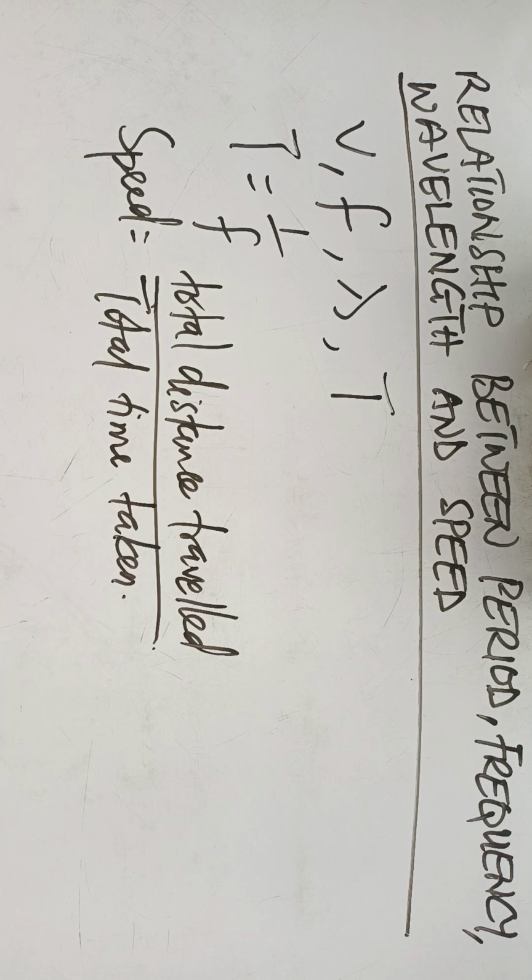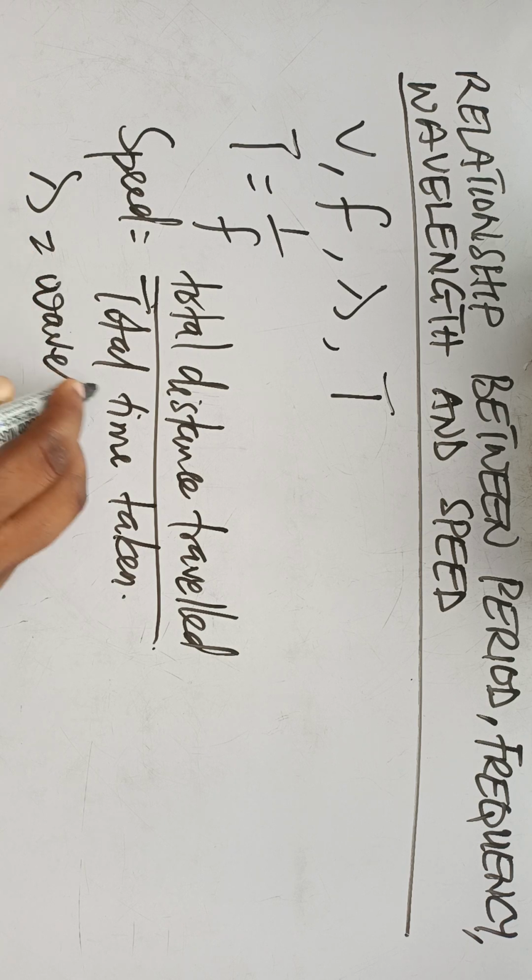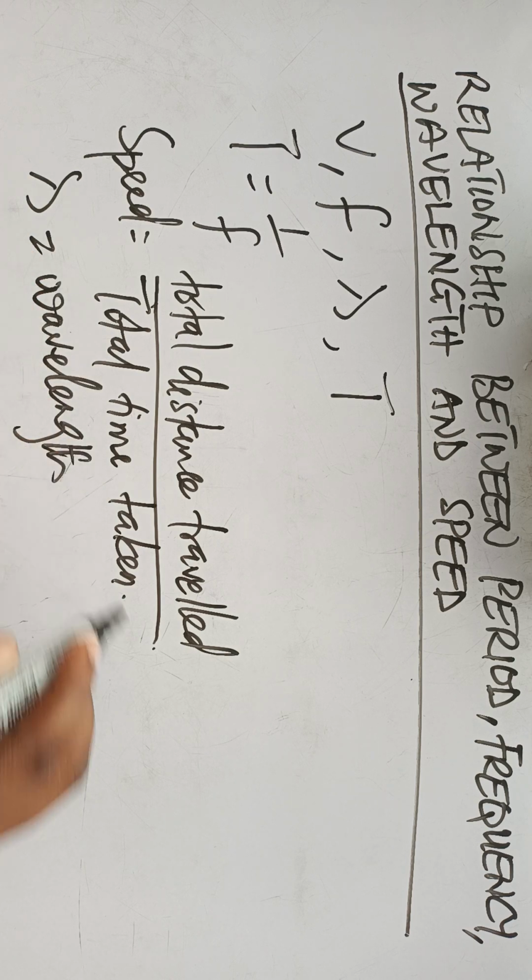For one complete cycle, the distance traveled is the wavelength, where lambda represents our wavelength. And the time taken to travel this distance is called the period, capital T.